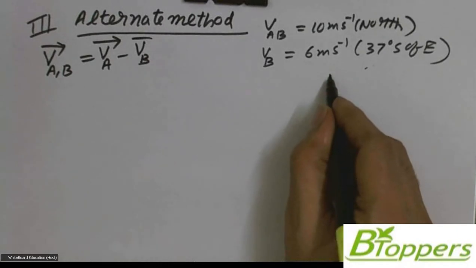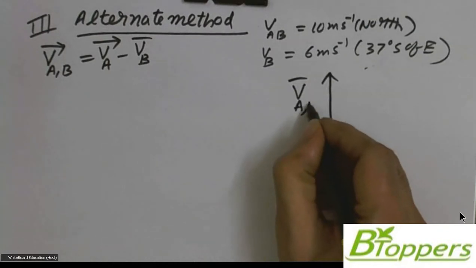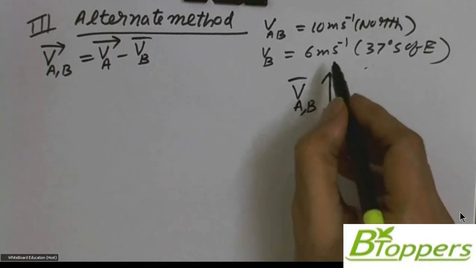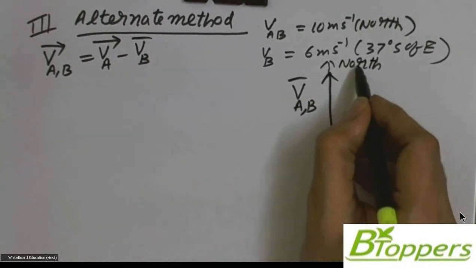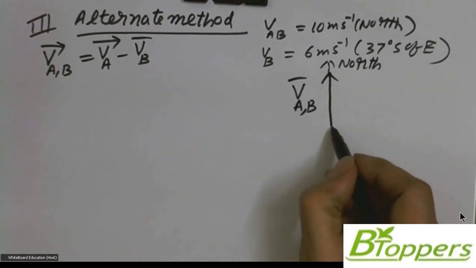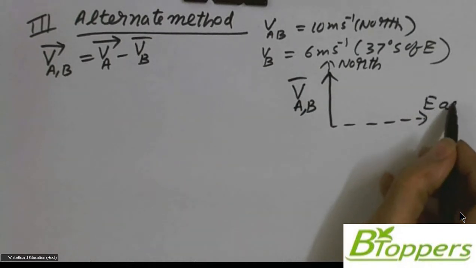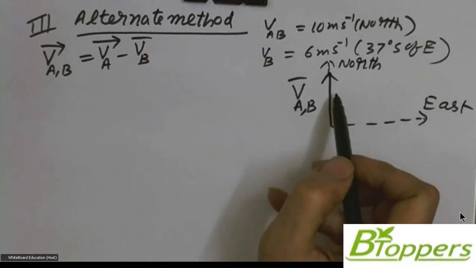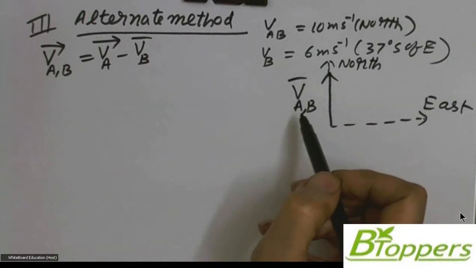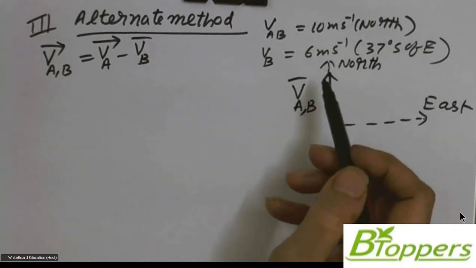The relative velocity of the body A with respect to the body B is denoted by V bar subscript AB, which is directed towards north with magnitude 10 meters per second.